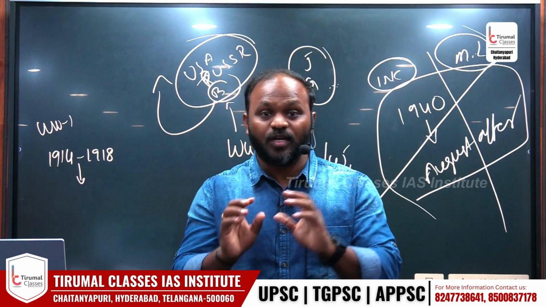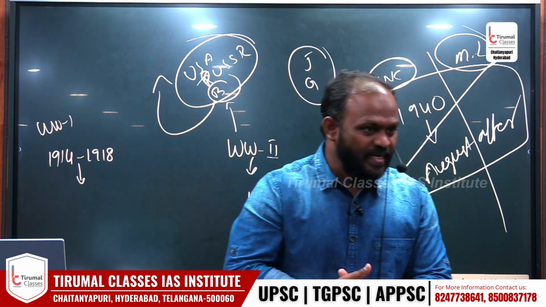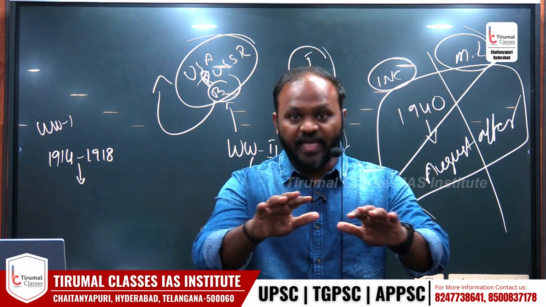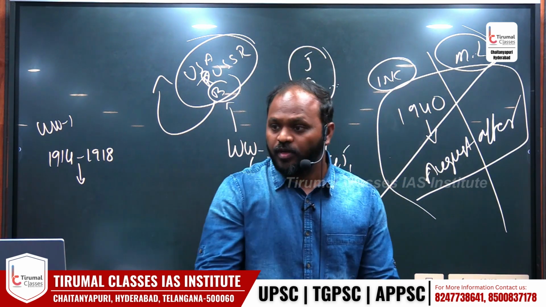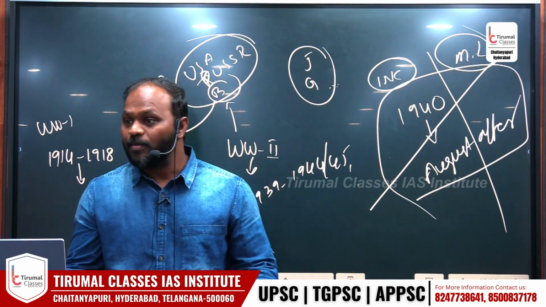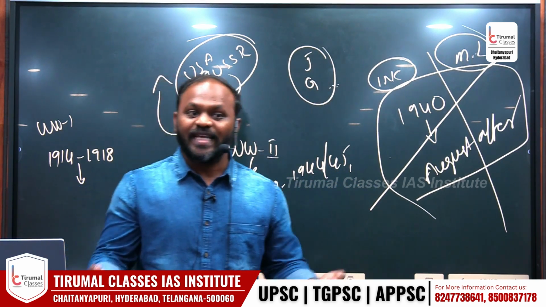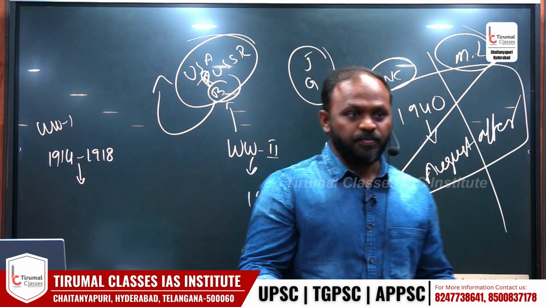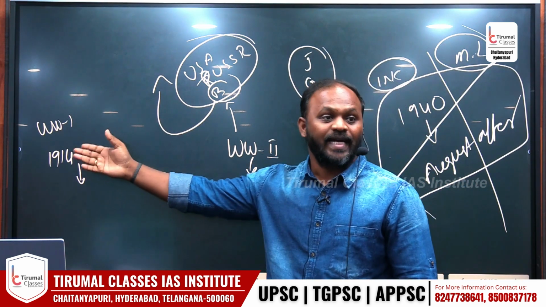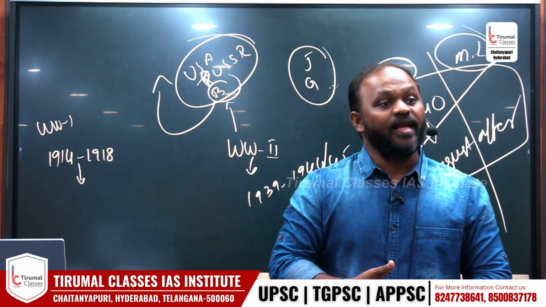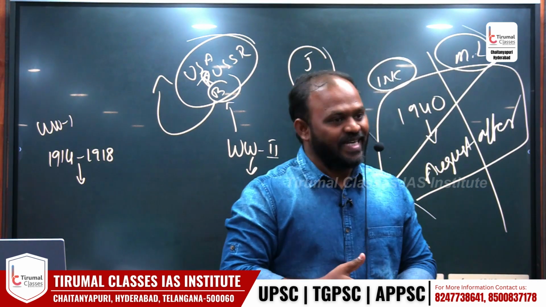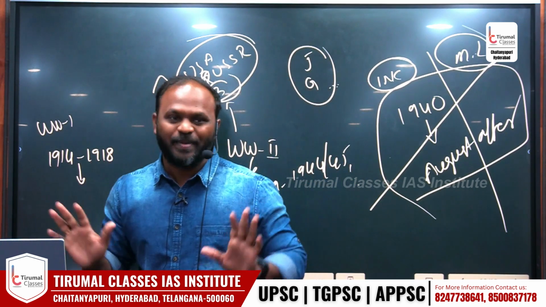Dominion status means India is administered by Indians under the control of the British. Is it complete independence? No. During World War I, we demanded dominion status, which means not complete independence.